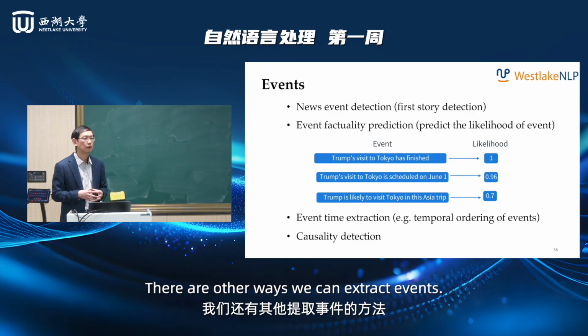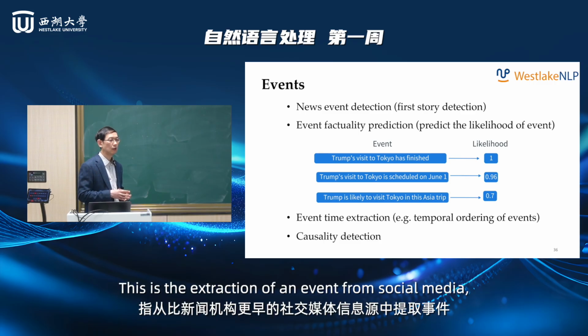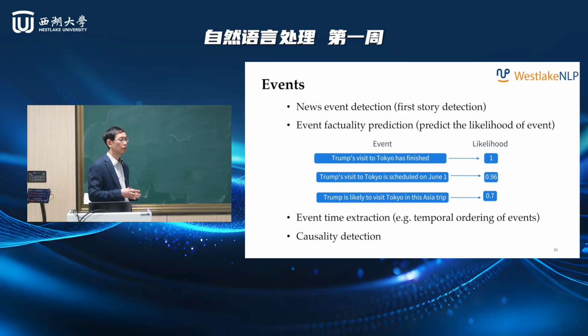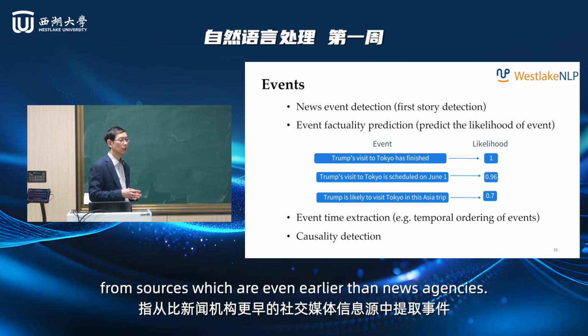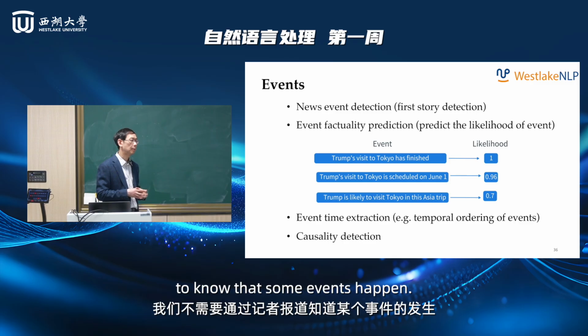There are other ways we can extract events. There is a task called first story detection or news event detection. So this is the extraction of an event from social media, from sources which are even earlier than news agencies, okay? We don't need to wait when news reporters write about an event to know that some event happened.